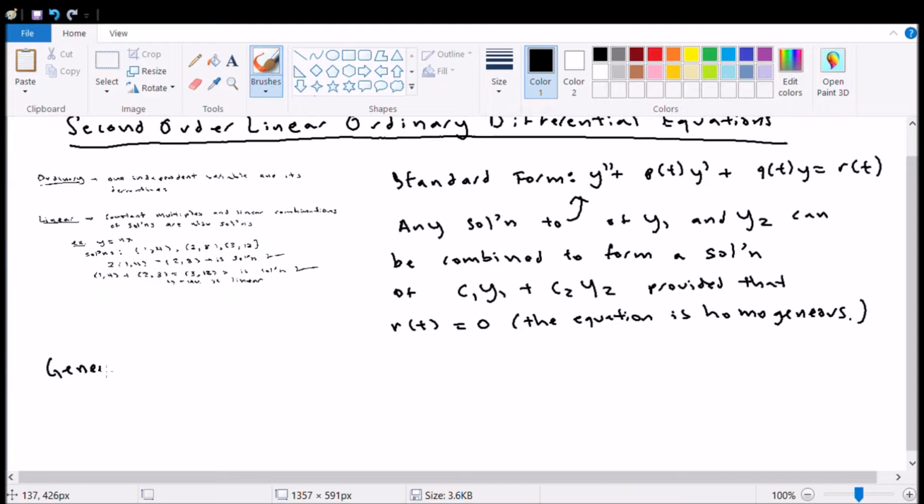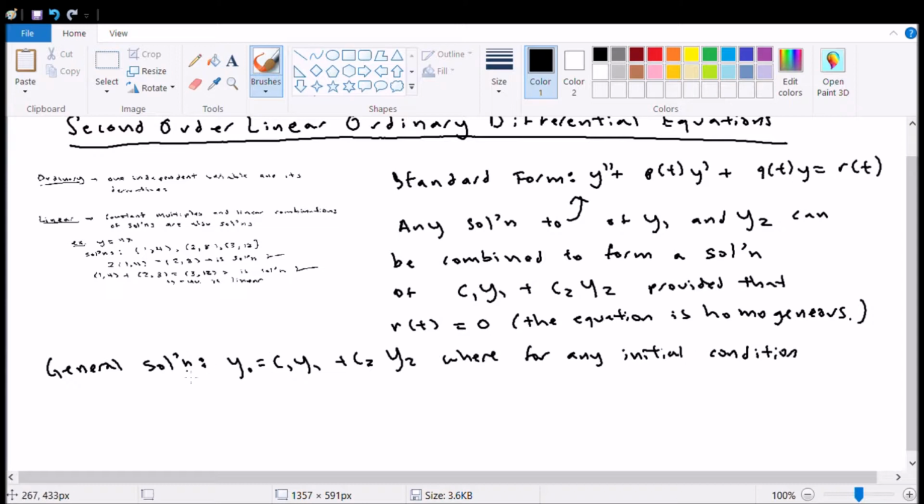Alright, so let's talk about the general solution to a second order differential equation. So the general solution also takes the form of y equals C1y1 plus C2y2. But a general solution only holds if you're given an initial time t0, and you substitute that into your general solution, and you can solve for C1, right?